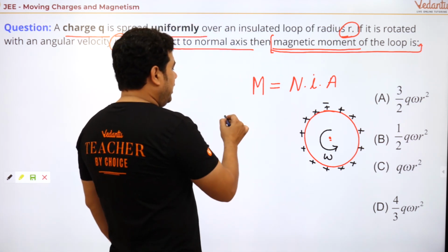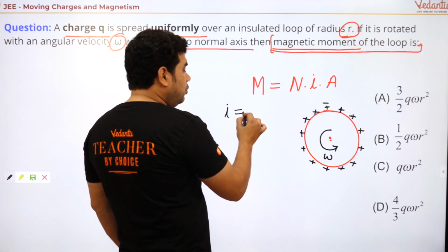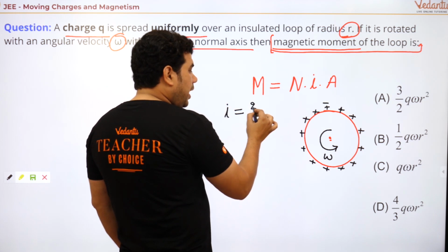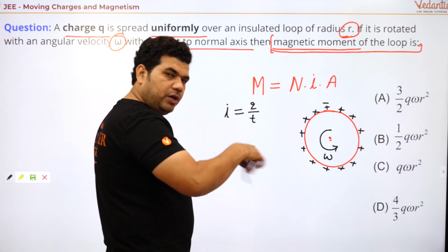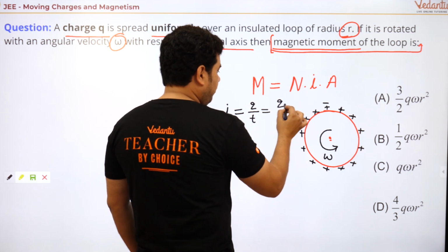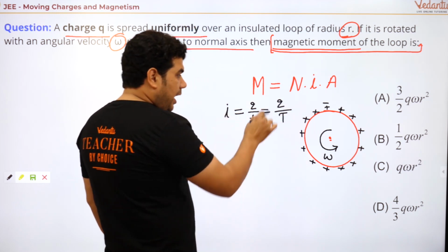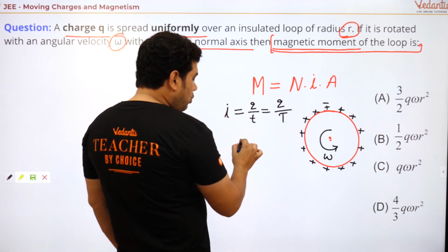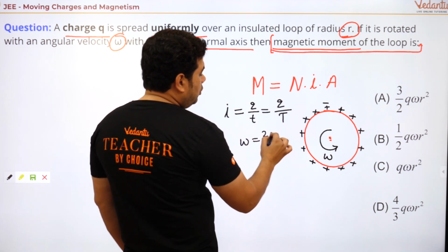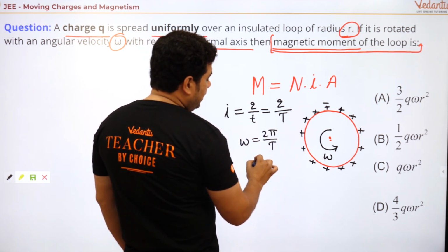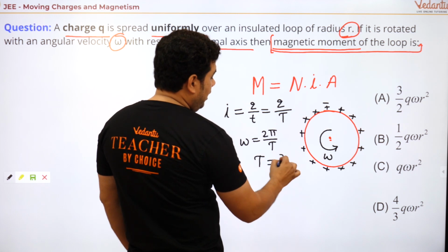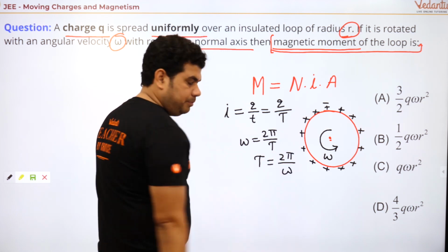As you know, current I is equal to Q by T. So for one revolution, it will take the time capital T, and you know omega is equal to 2 pi by capital T. So for T, you can say that is 2 pi by omega.